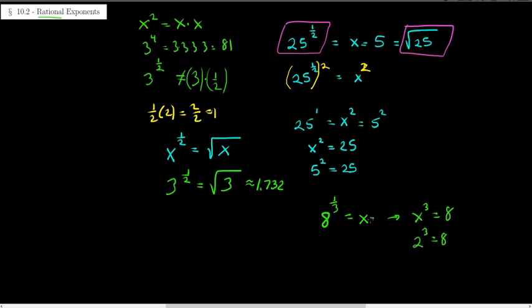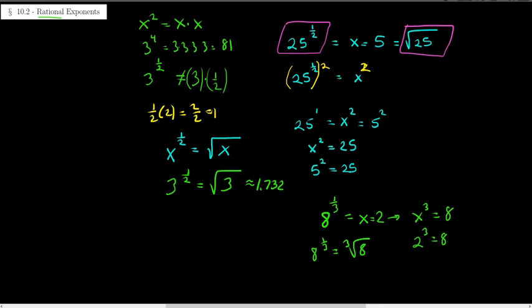So this x here has to be 2, which is the same thing as the cube root of 8. So 8 to the 1/3 is really just the cube root of 8. Whereas 3 to the 1/2 is the square root. You can put the 2 here, but that's optional. But when it's the cube root, you have to write the 3, because if you don't write the 3 here, it's the square root of 8, which is not the cube root of 8.